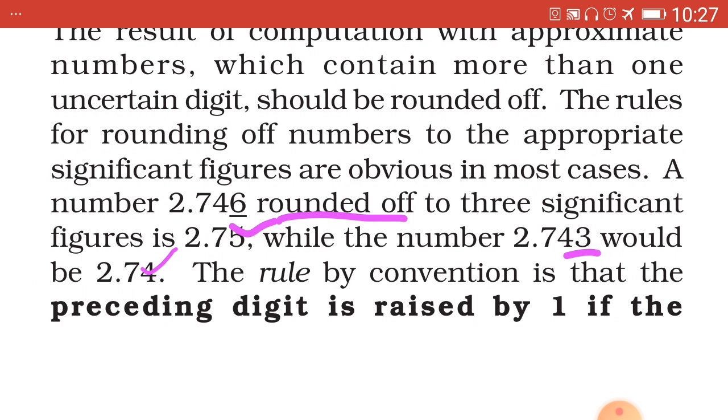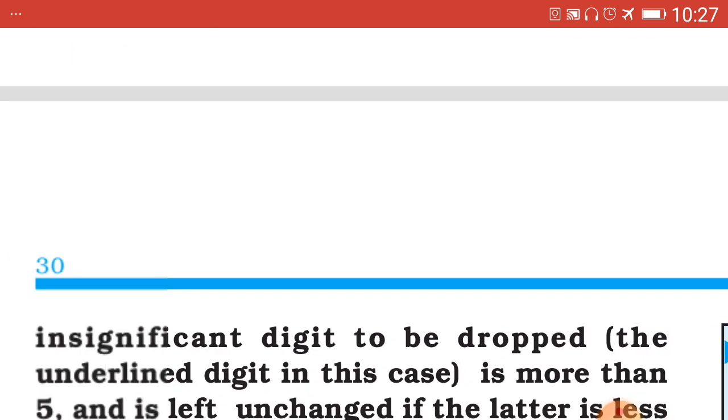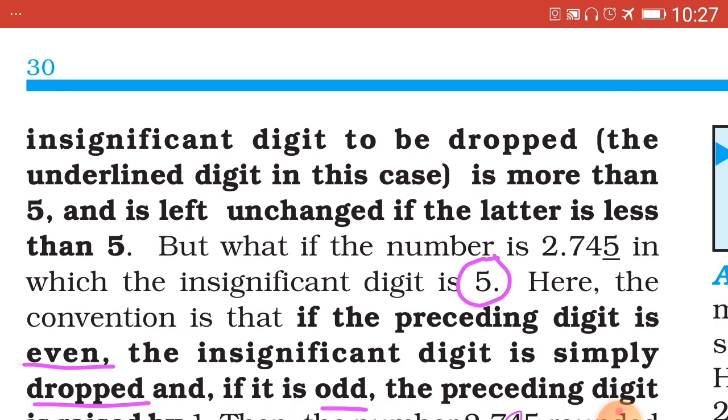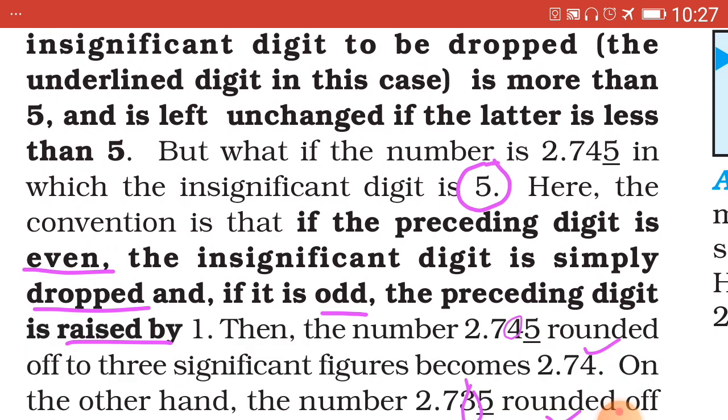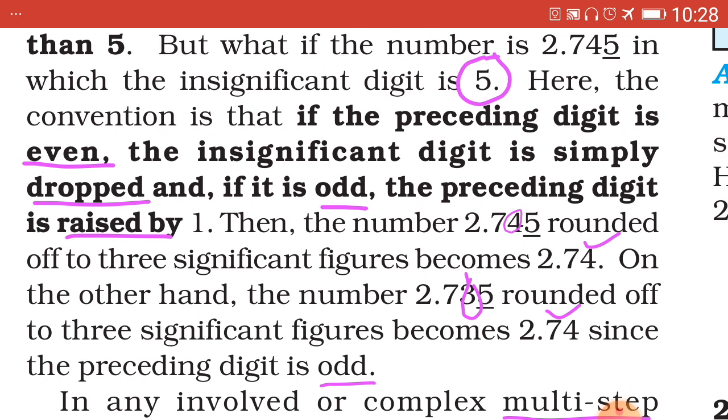So the rule for rounding up is that the preceding digit is raised by 1 if the insignificant digit to be dropped is more than 5, and is left unchanged if it is less than 5, which we have seen previously in the data 2.743. 3 is less than 5, so the previous digit 4 is left unchanged.